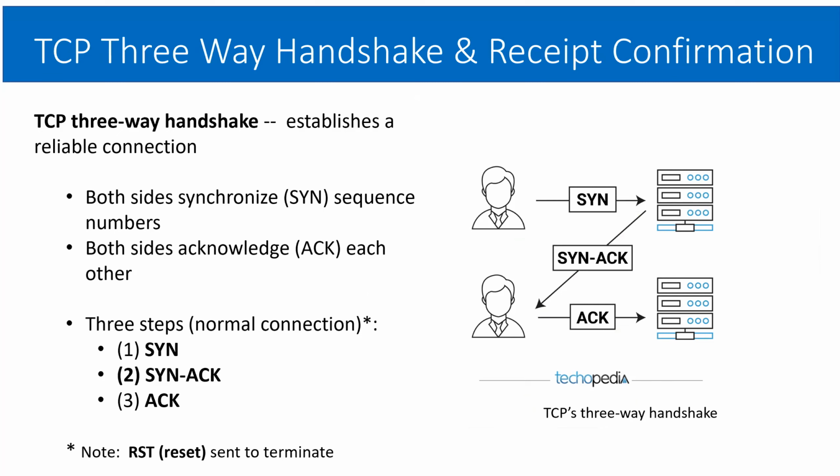And then the receiver, in this case a server, says, I'm going to do a synchronized acknowledgement. I got your data. I'm acknowledging back how I'm going to use those sequence numbers and information. Then the sender says, I'm acknowledging the information you sent back to me. So three-way handshake: SYN, SYN-ACK, ACK. If something were to fail, an RST would be sent instead, which is a reset. Let's terminate, try it again.